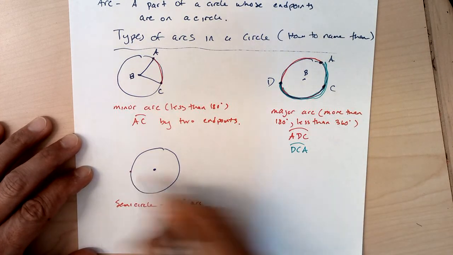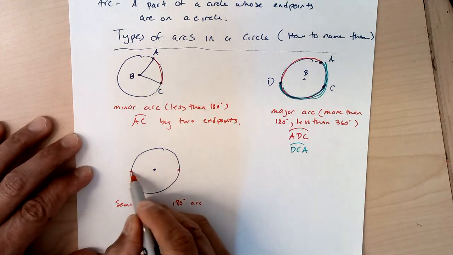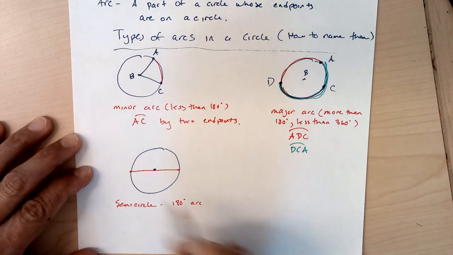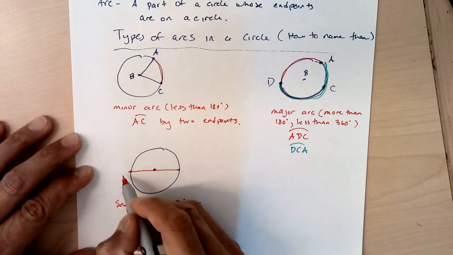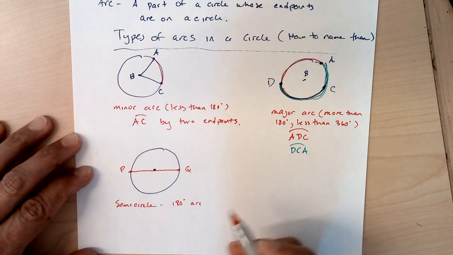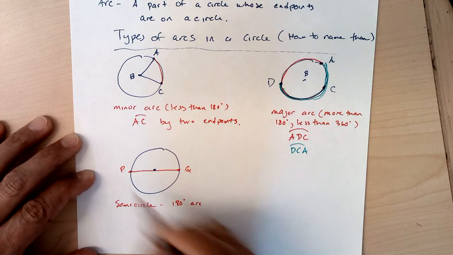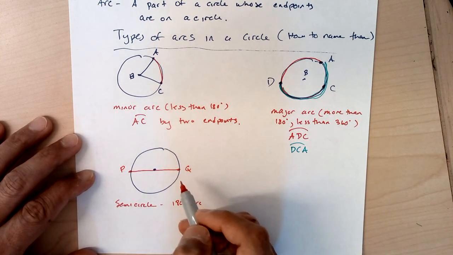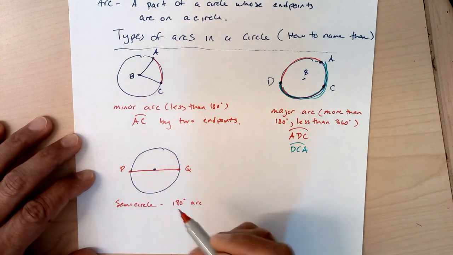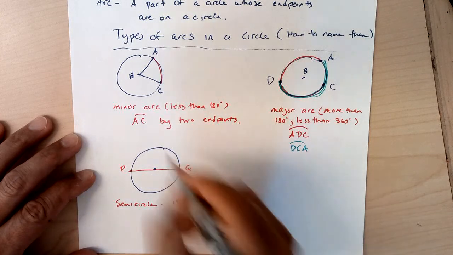So for example, on this circle right here, if I drew the diameter and have these points P and Q, I can't just name this semicircle PQ, even though the top half would be a semicircle for PQ if PQ is a diameter, the bottom half, but they actually would be two different semicircles.